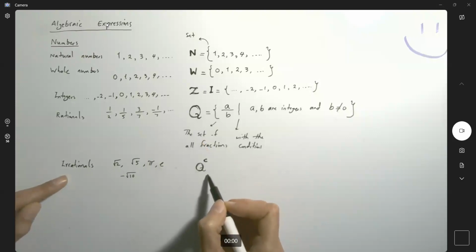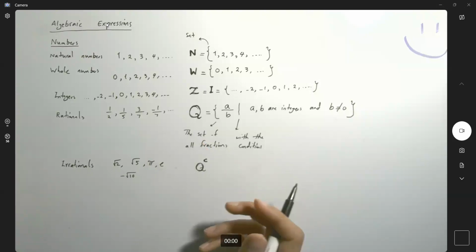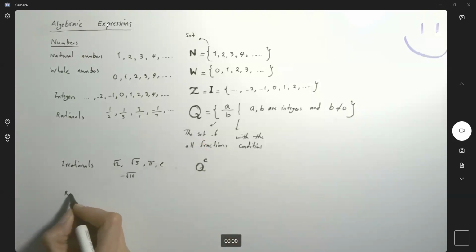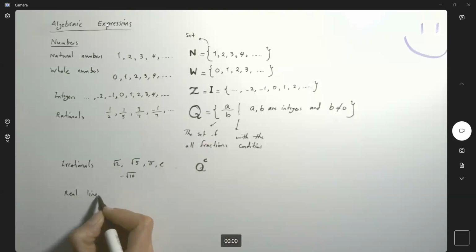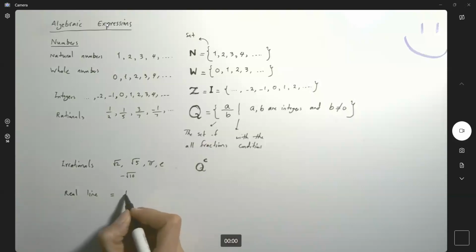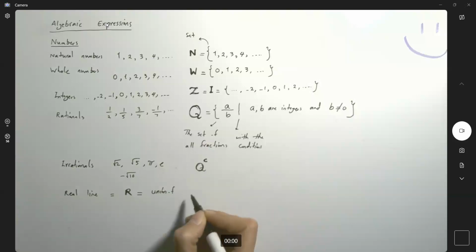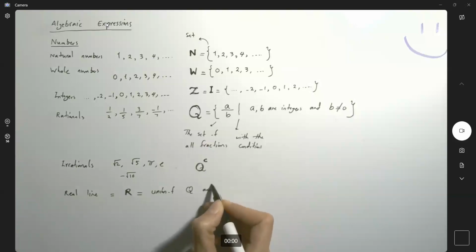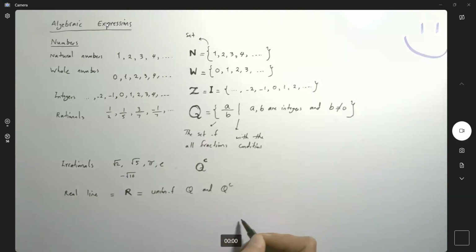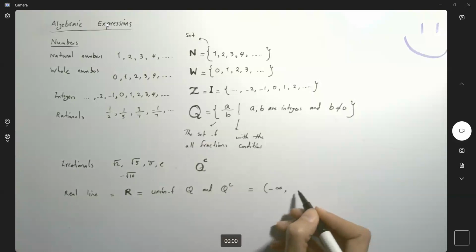Okay, then what is R? What is the real line? The real line, or bolded letter R, is the union of Q and Q complement. You saw this before. This is also represented by parentheses, negative infinity, comma, positive infinity.